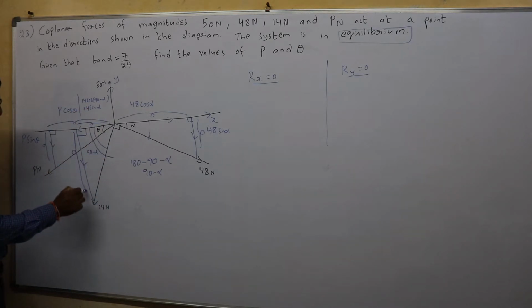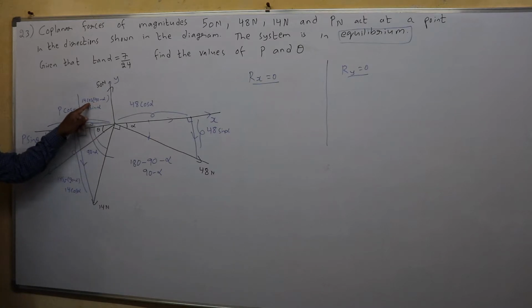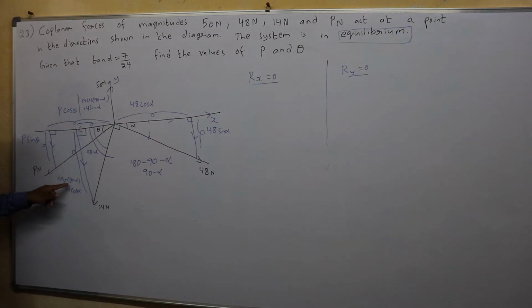Next, this is opposite to 90 minus alpha, so it is 14 sin(90 minus alpha), which changes to cos alpha. 90 minus: cos gets changed to sin, sin gets changed to cos. Is it clear? We have resolved all the forces.